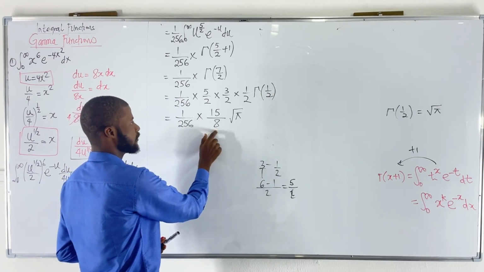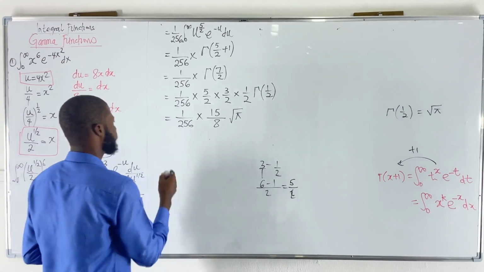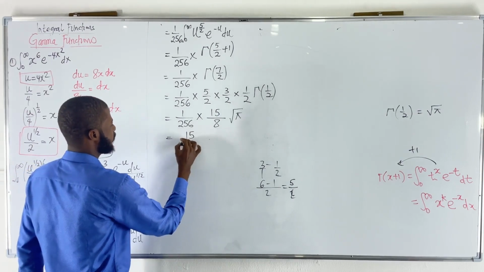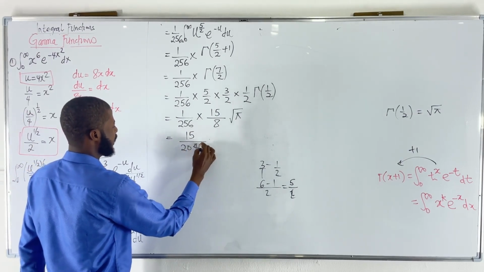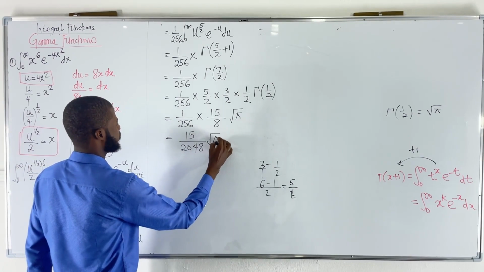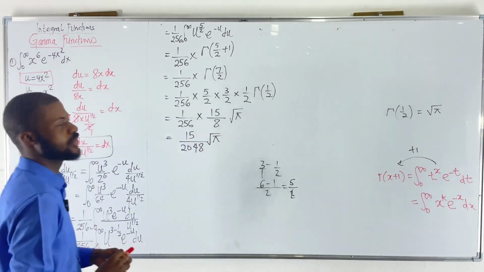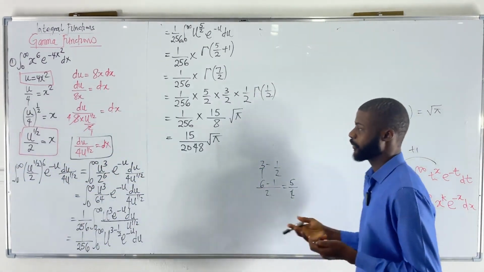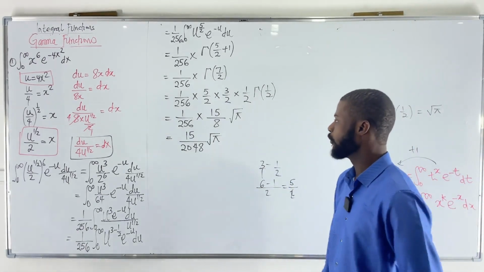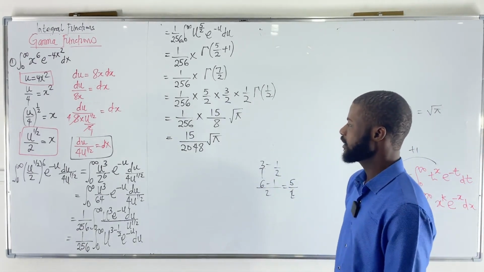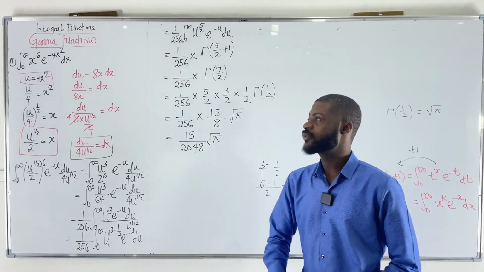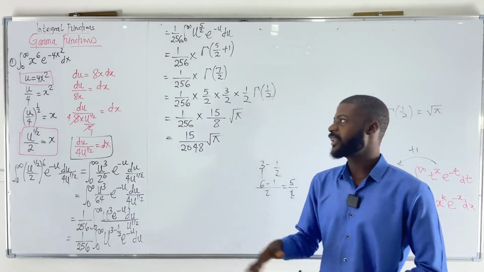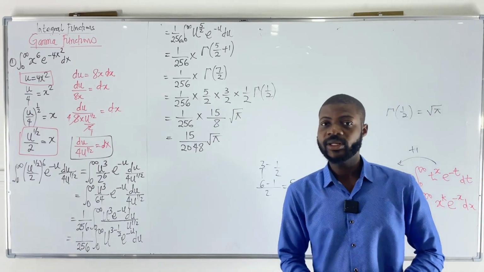So that's 11. So that's 2048. So that's 15 divided by 2048 root pi. And that's going to be the answer to that very problem. It's a fine one. So this is what the answer to this very problem is going to be, and this will be all for this very question.